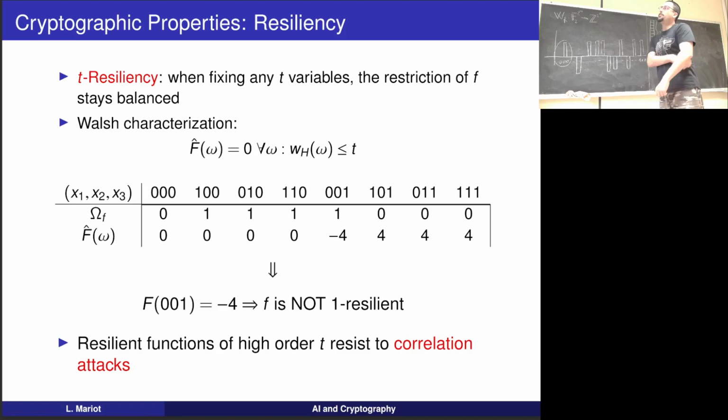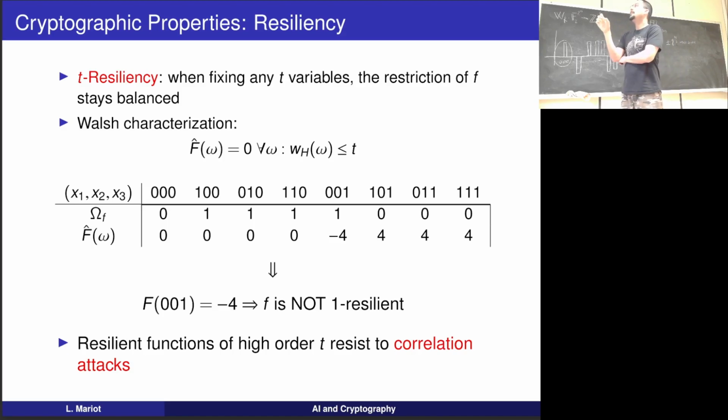Okay, next, another property is the property of resiliency, or also correlation immunity. So basically, resiliency means that if we fix any subset of t variables, where t is ranging between 0 and n, where n is the number of input variables, then the restrictions of f obtained by fixing these t variables are always balanced.